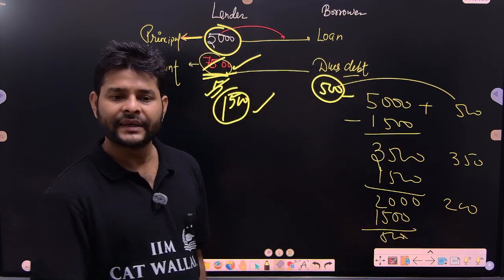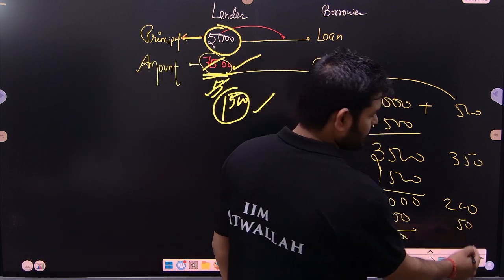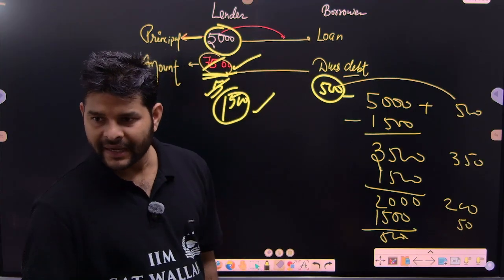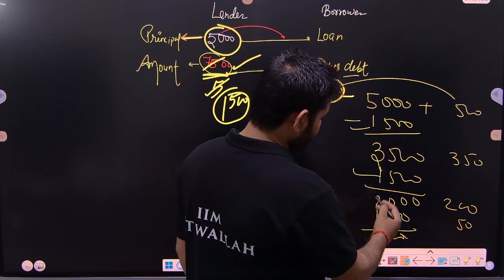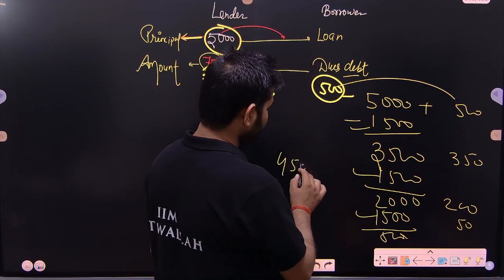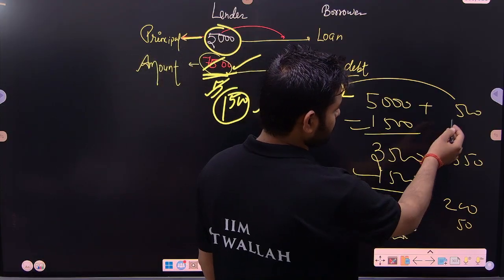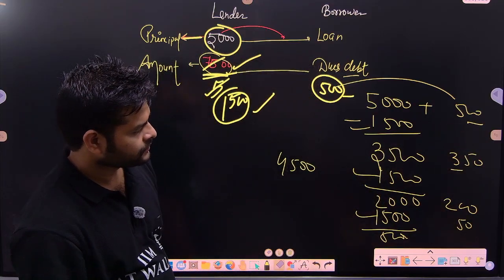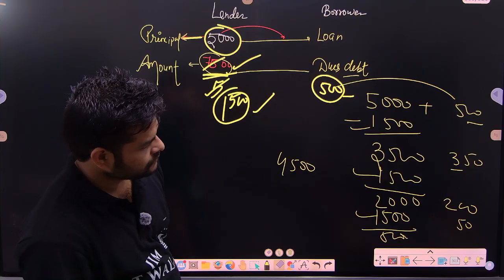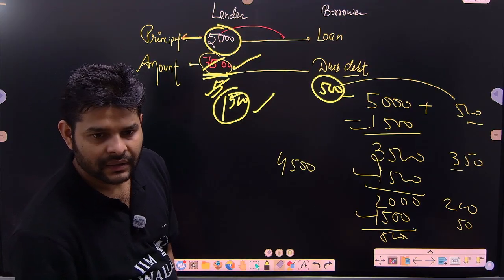On that 500, 10% would be 50. So at the end, how much do I need to pay? That 15 and that 15, 45. And this value would be 1,100.